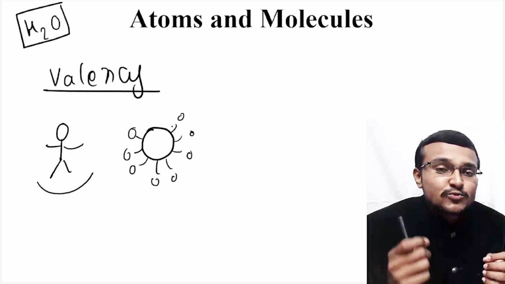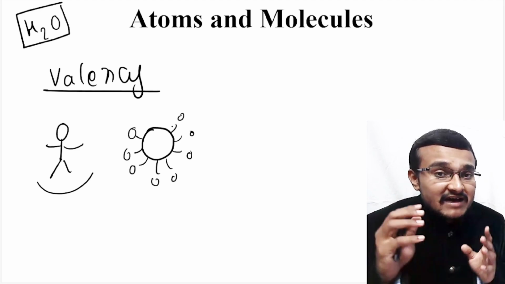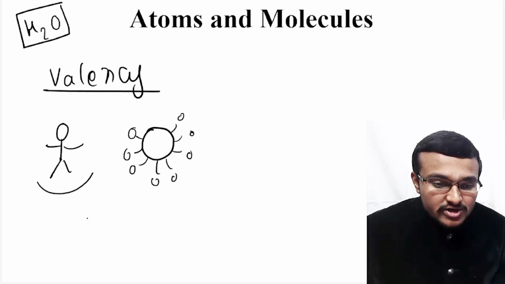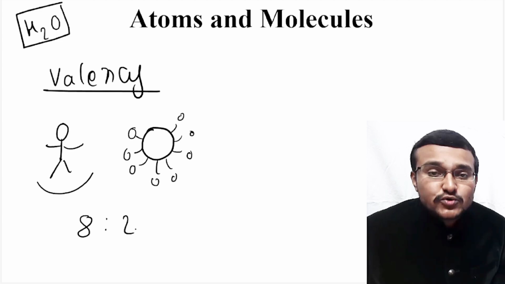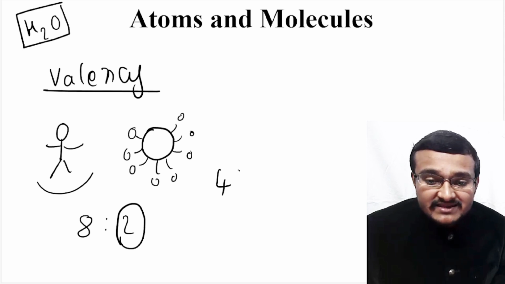Now, each human being will have 2 arms and one octopus will have 8 arms. So now, an 8:2 ratio is there. If you take 4 human beings, then 4 into 2 will be 8.